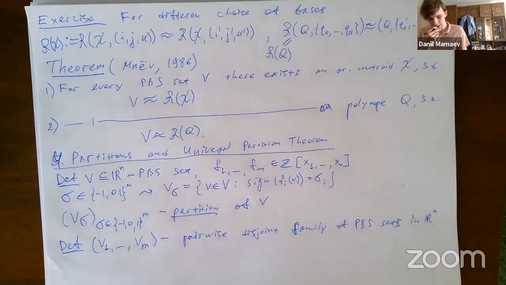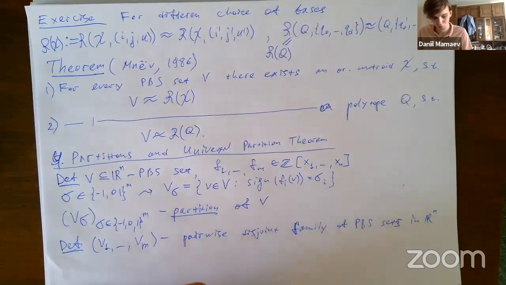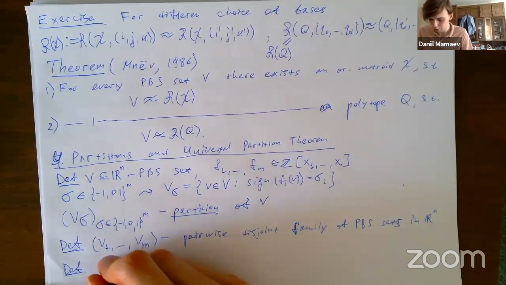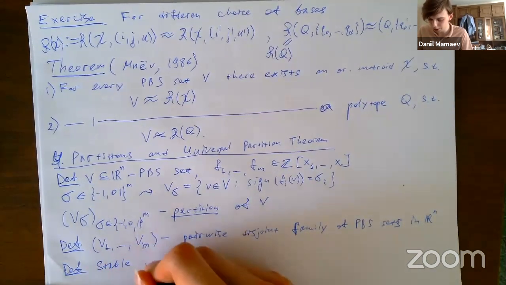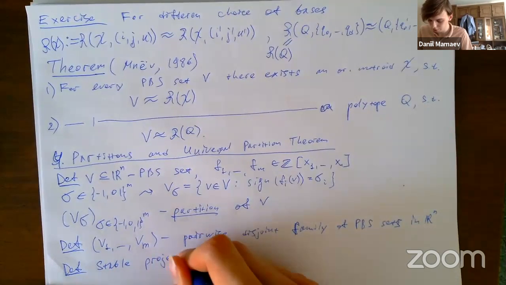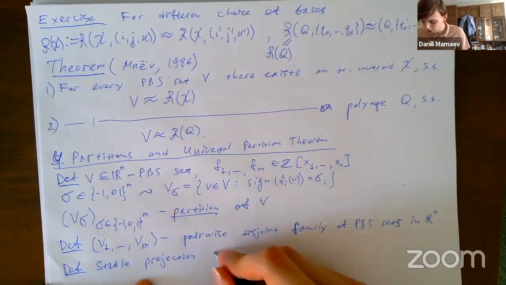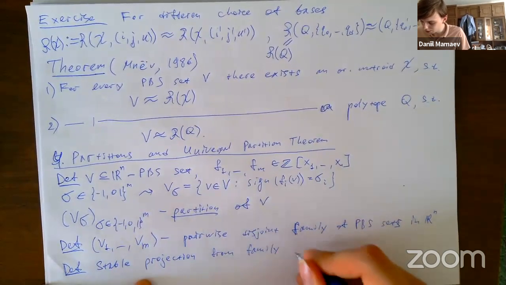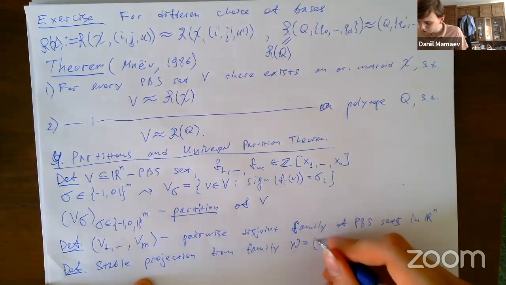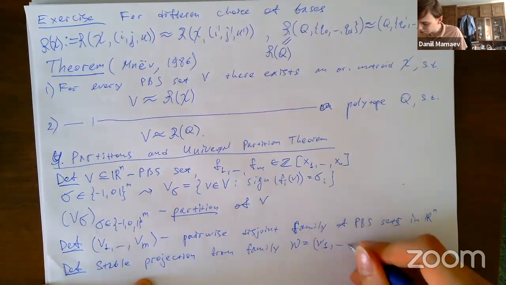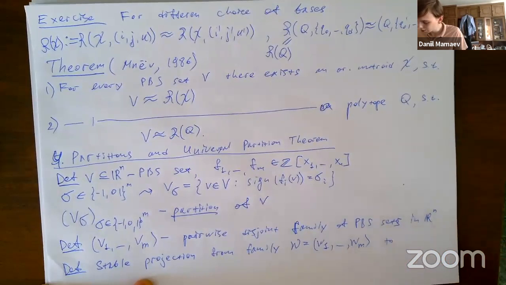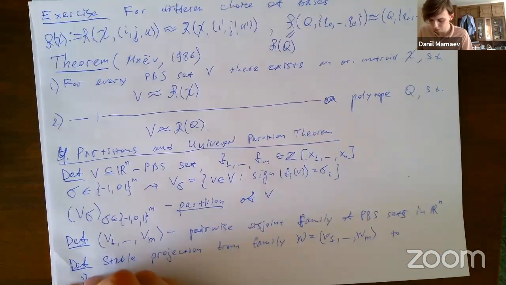What is a stable projection from a family W to a family V?